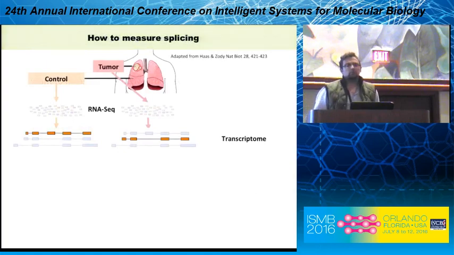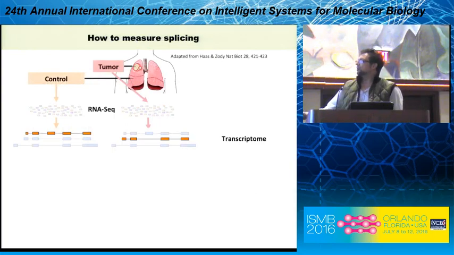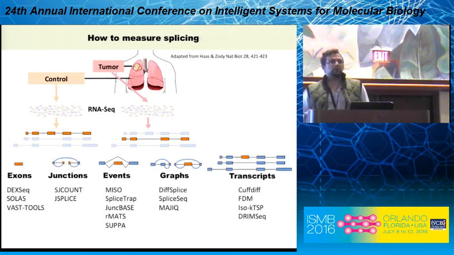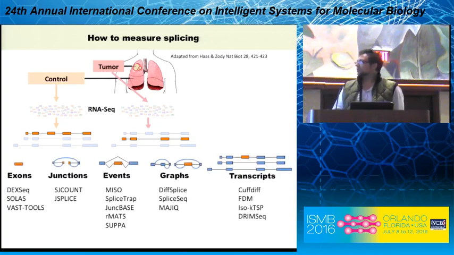So what do you do when you want to study splicing from RNA sequencing? From the sequencing reads, what you want to measure is whether, between two or more conditions, there is a change in the relative abundances of transcripts. There are multiple methods to do that, and multiple ways these methods model this change in splicing.